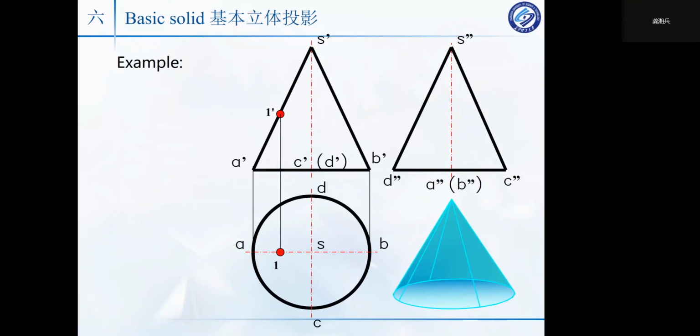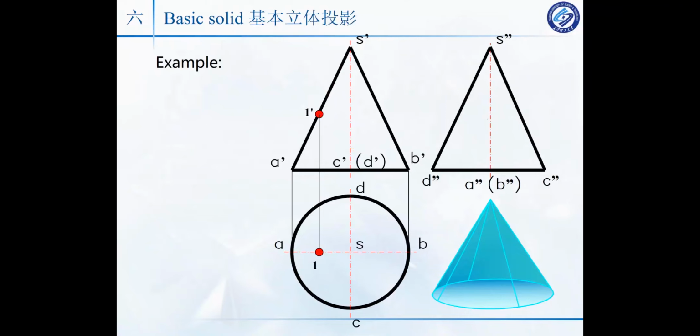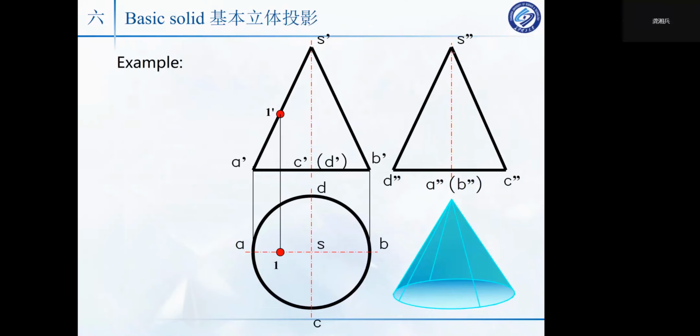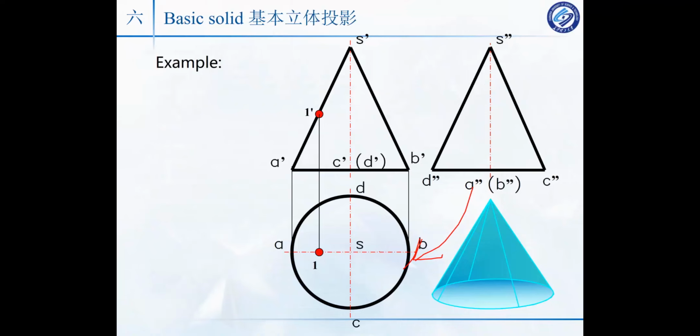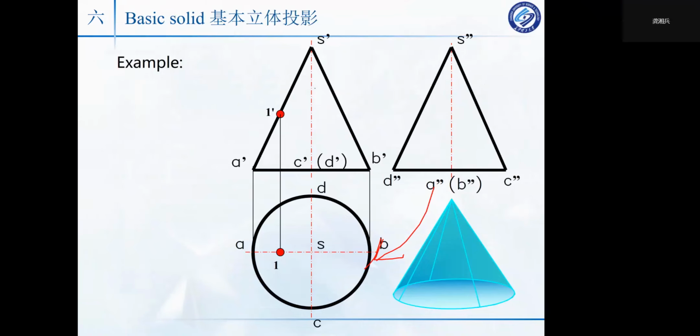So you should remember point 1 should be on the axis line. So this line is this line. Remember, you can change in this direction, farther. So this line is this line, and this line is this line on H, on V. So point 1 is here.